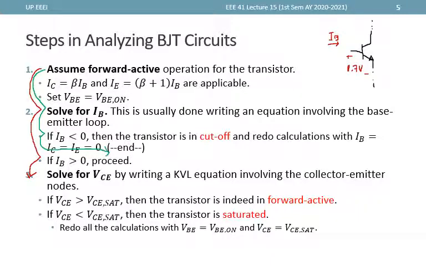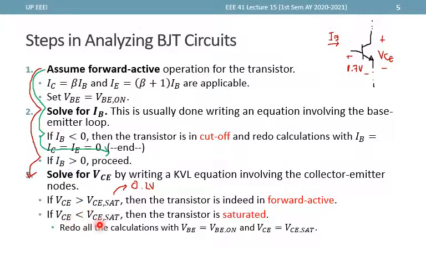So if we are to go into step 3, we solve for VCE by writing a KVL equation in the collector emitter node. So VCE is right here, so we just make sure we write an equation involving this unknown VCE. And then if VCE is greater than VCE sat, which is normally 0.2 for silicon BJTs, then the transistor is indeed in the forward active region.